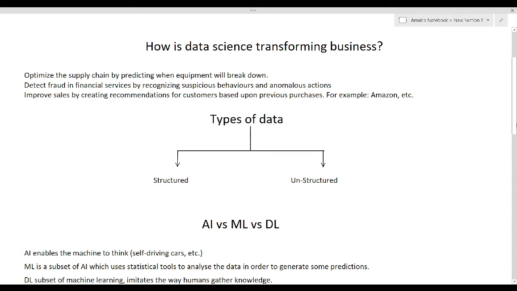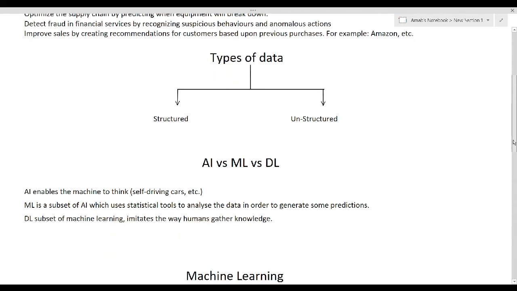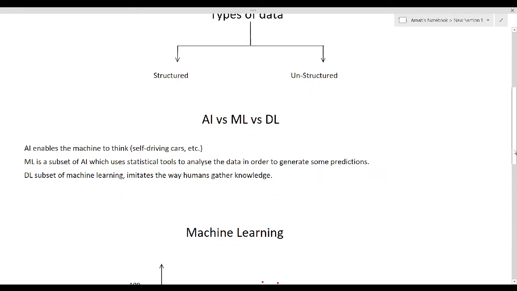Nowadays, we hear these words all around us: AI, ML, DL. AI stands for artificial intelligence, ML stands for machine learning, DL stands for deep learning. AI is something which enables the machine to think. The end goal of every data science project is to create an AI application. In order to do that, we use machine learning and deep learning amongst other things.